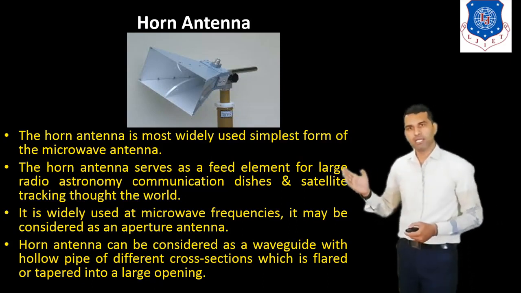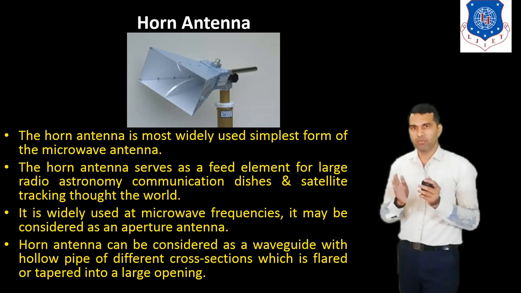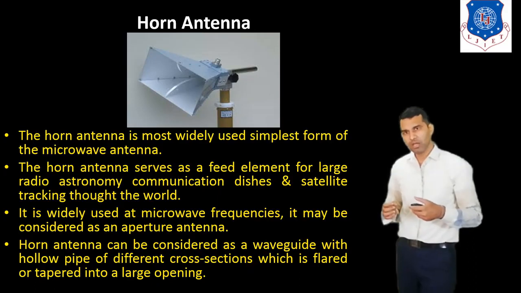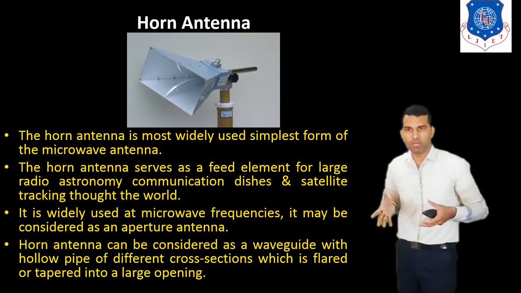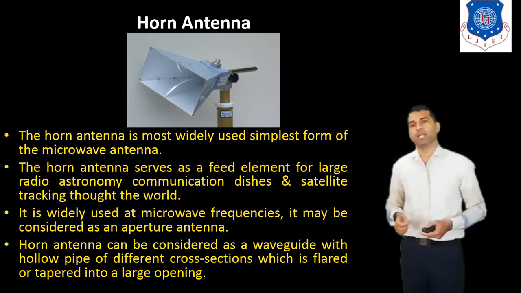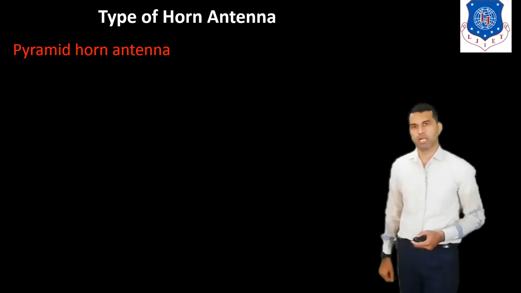So we can consider the horn antenna as a waveguide, because when we use the waveguide in a tapering form, or when we increase the area of one side of the waveguide, it becomes the horn antenna. Now we discuss the types of horn antenna.